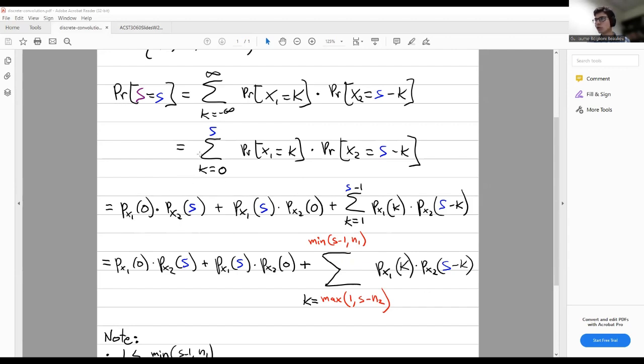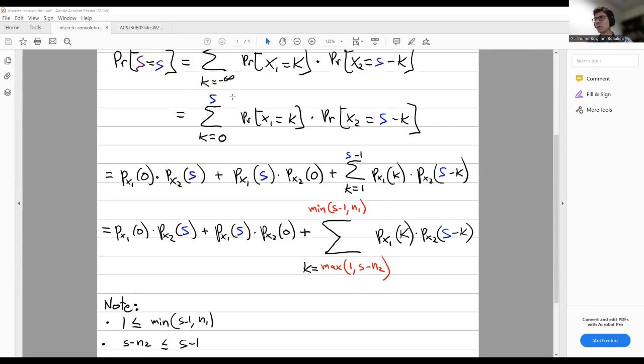The first term here, when k equals 0, you see it, would be probability X1 is 0. But in my code, I have dealt with this separately. The probability X1 is 0 is not in my vector PMF1. This is why I'm putting it outside, because it's going to facilitate the R implementation. So in terms of mathematics, I'm just saying, okay, the first element k equals 0, let's put it in front.